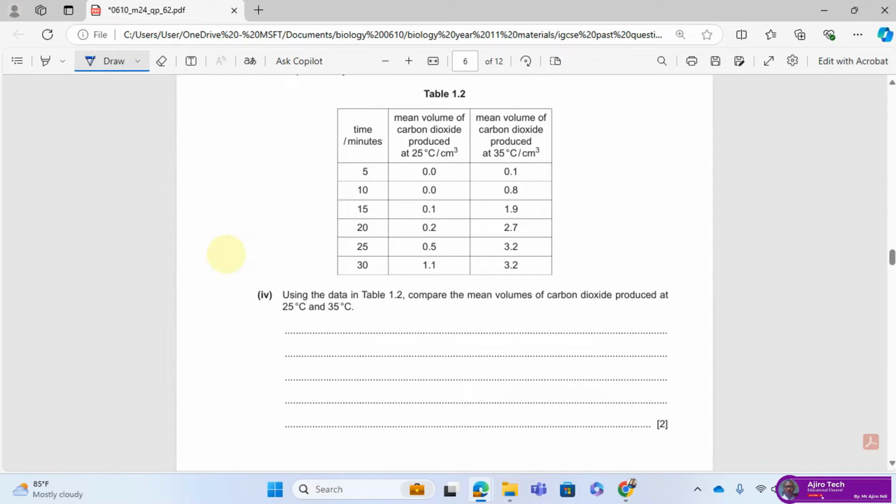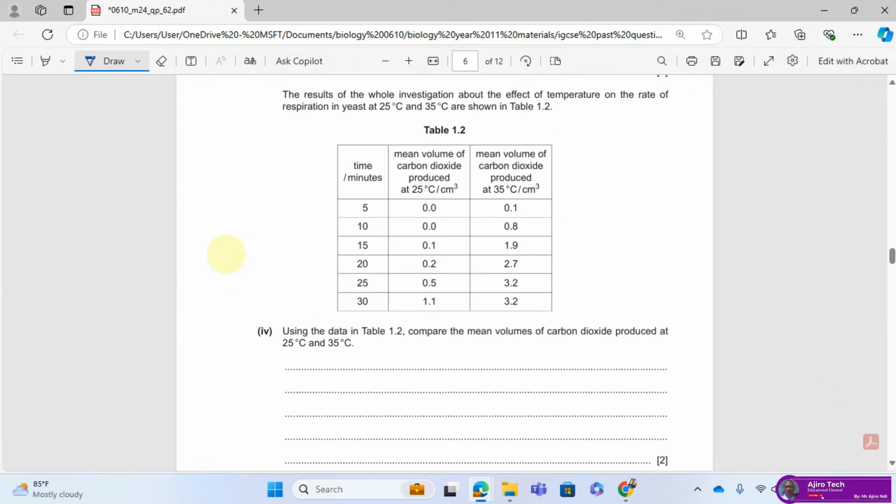Now it says using the data in table 1.2, compare the mean volumes of carbon dioxide produced at 25 and at 35. Of course, what was changed here, what was measured in between, is at different times. The temperatures used here were 25 and 35 at different time intervals.